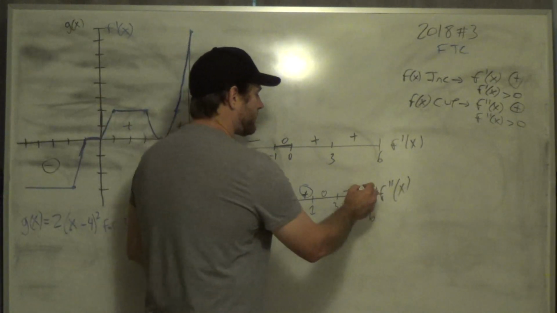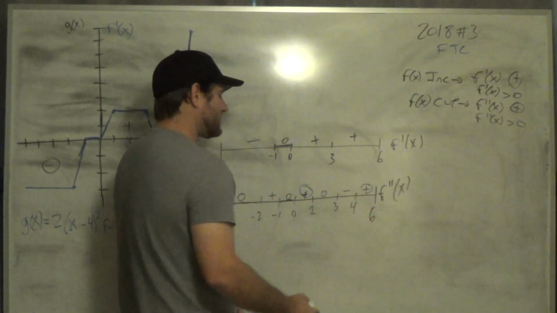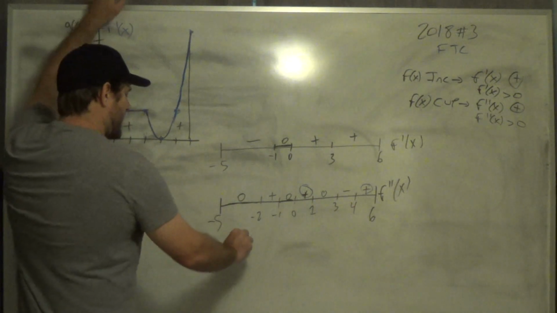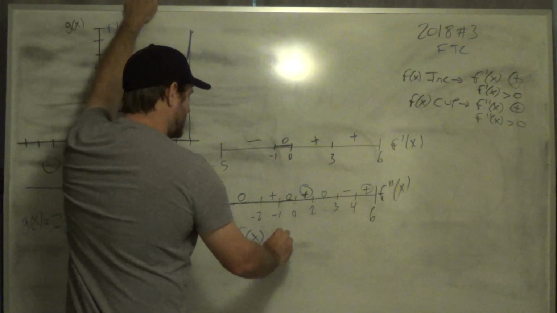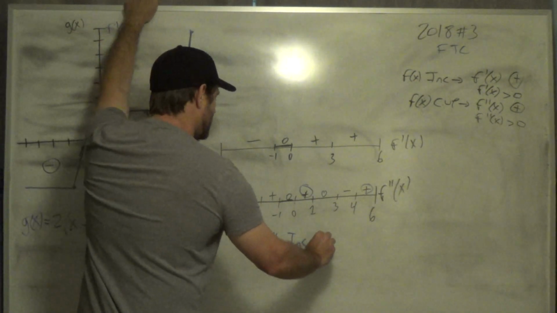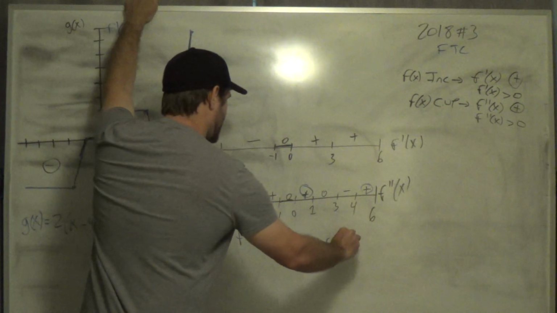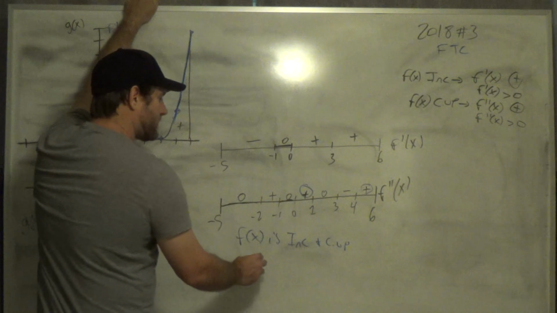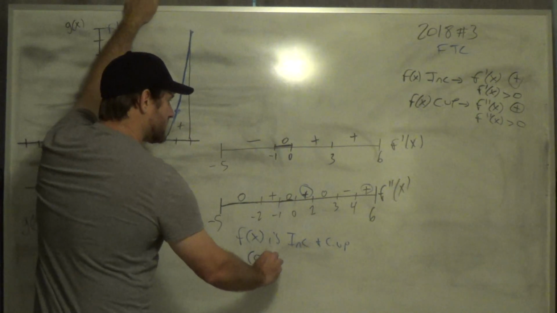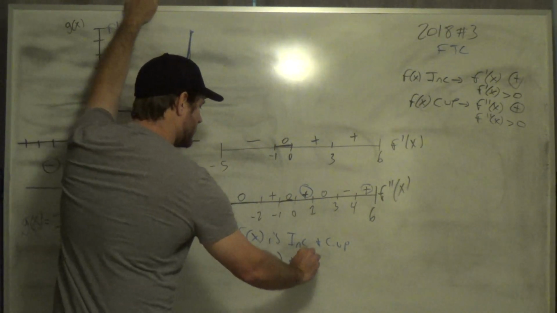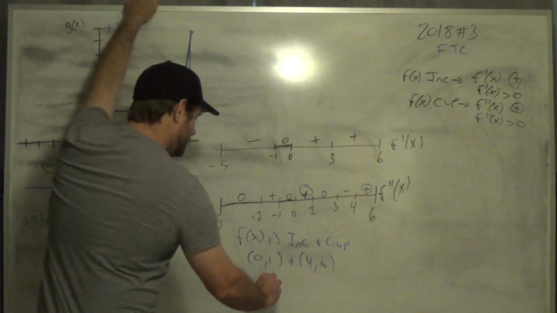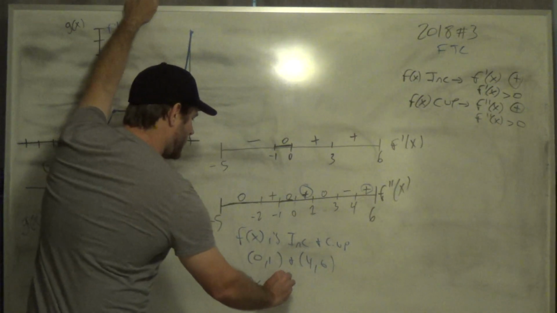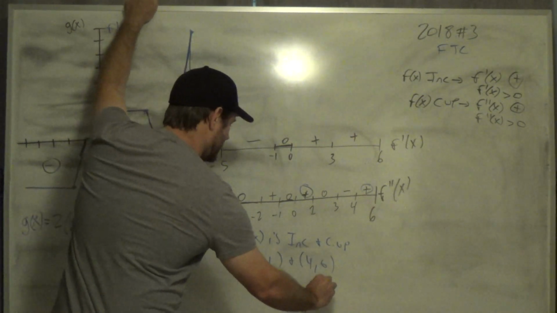And then here, from 4 to 6, they're both positive. So we would say f of x is increasing and concave up. And then we could say either from 0 to 1 and 4 to 6, like this, or 0 to 1 and 4 to 6, like this, doesn't matter.